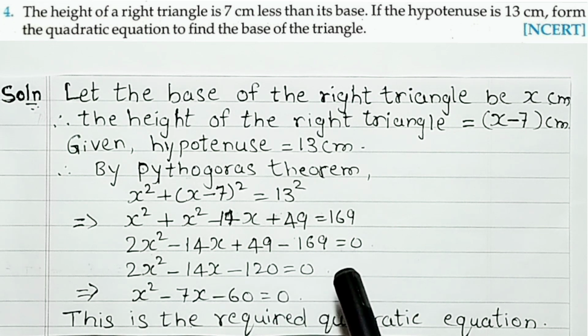Multiplying through by 2, then x square minus 7x minus 60 is equal to 0. This is the required quadratic equation to find the base of the right triangle.